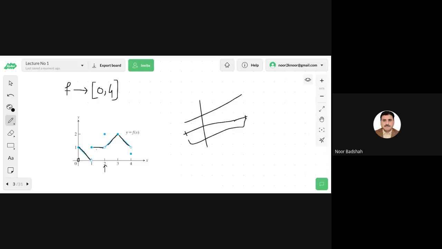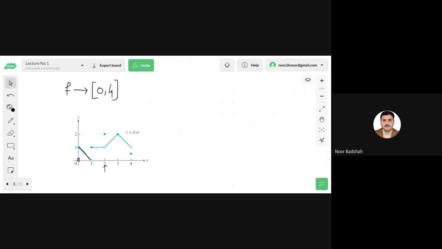From here to here, this function will be continuous because there is no jump. Okay, there is no corner. Sometimes we have a corner like that, so we check continuity at this point. Sometimes you may have a hole somewhere like that. Sometimes we may have a jump like this one, and then we go from here. So at these points, the function may or may not be continuous. We discussed that here.